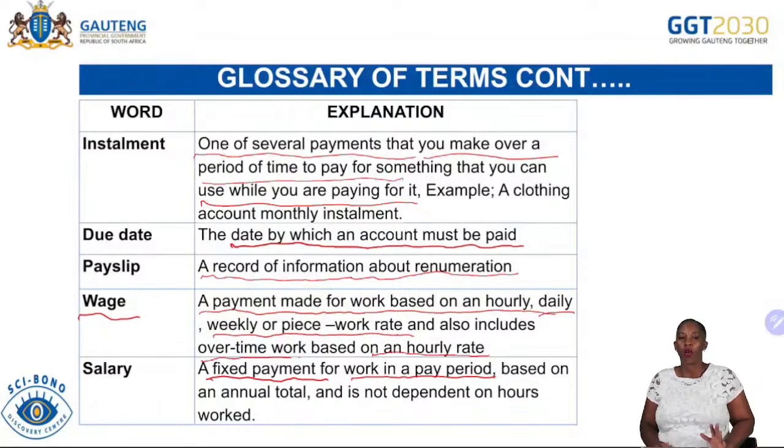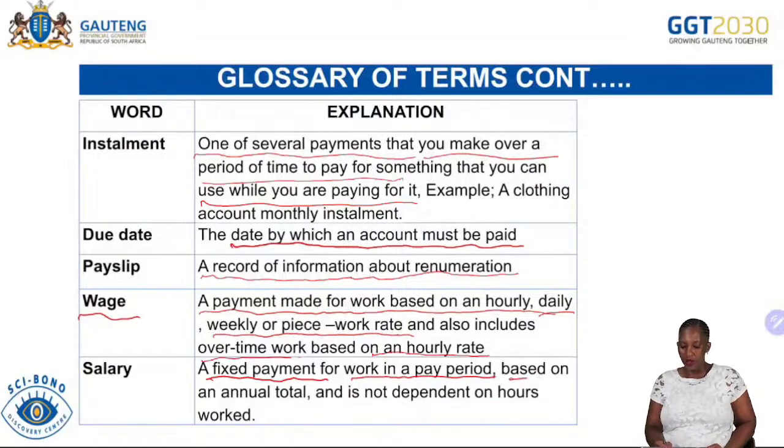Suppose you work now at ShopRite or wherever, and they won't pay you daily. Let's take teachers. Teachers don't get paid on a daily basis, but they get a salary. Meaning they're paid on a monthly basis, a fixed payment for work in a period of time. So they don't get paid every day, but they get paid at the end of the month.